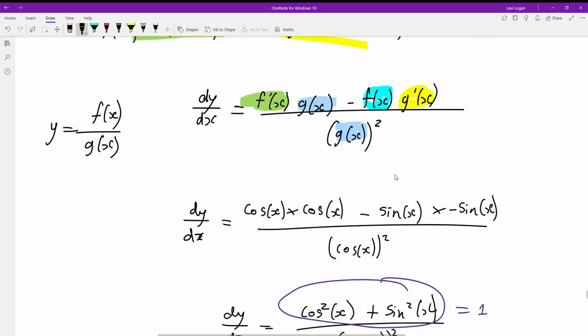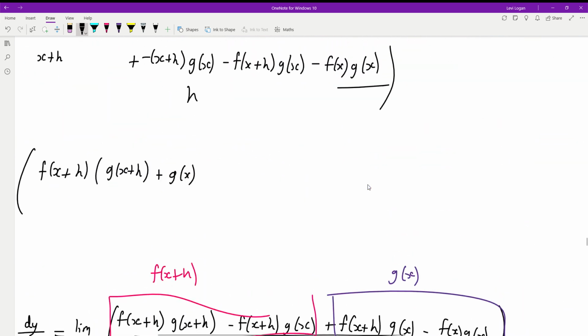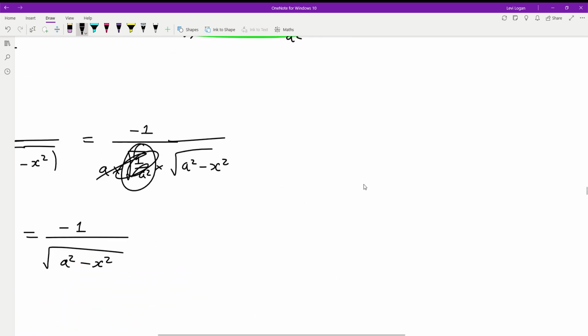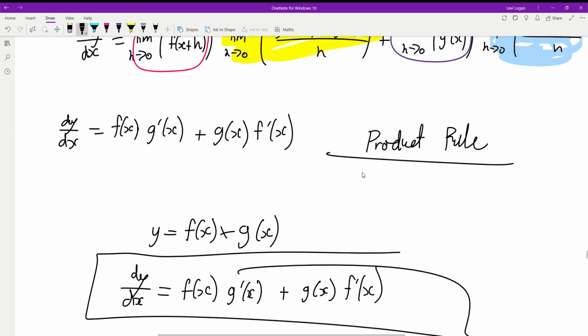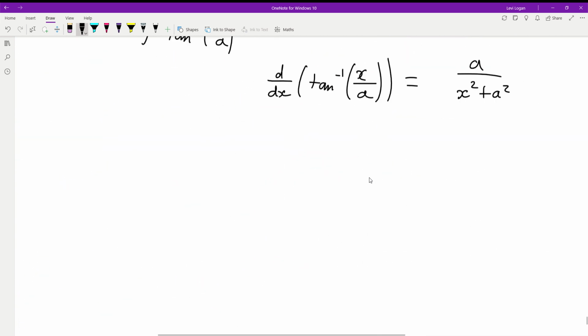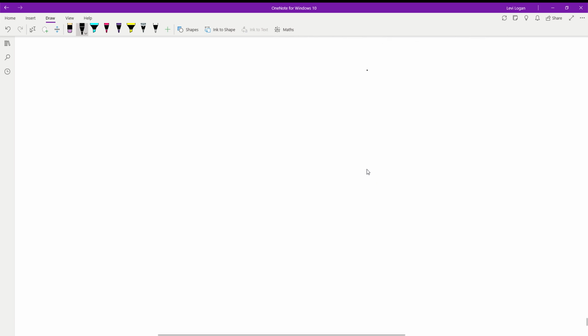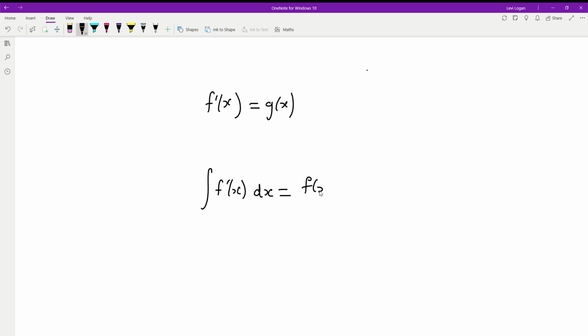Now let's take a look at integrals. That is where it all pretty much concerns with derivatives. Now integrals are built from derivatives, and you'll see that. If I have f dash of x, and that's equal to a function, an integral undoes the derivative. So if I integrate f dash of x with respect to x, this will give me f of x again.